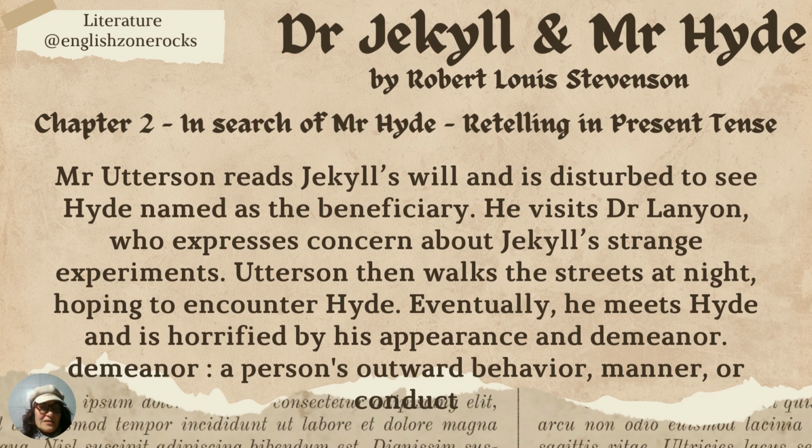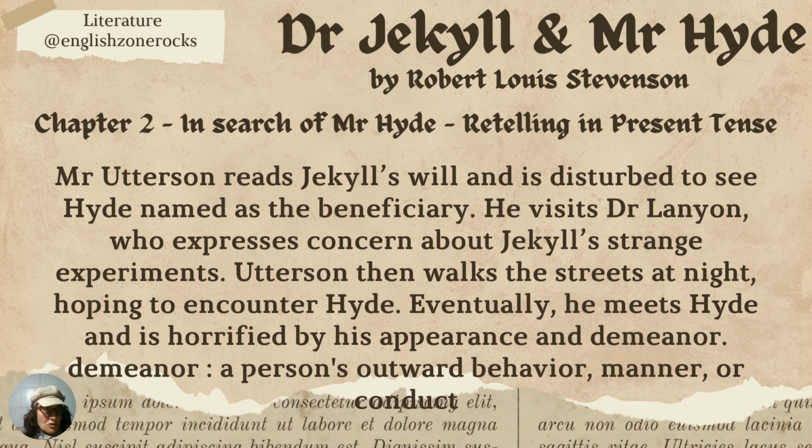Now, let's practice the retelling in present tense. Tenses, we can say, because perhaps we have present simple, present continuous, present perfect. When we finish, we can check that. Mr. Utterson reads, present simple. Mr. Utterson reads Jekyll's will and testament, remember? And is disturbed to see Hyde named as the beneficiary.